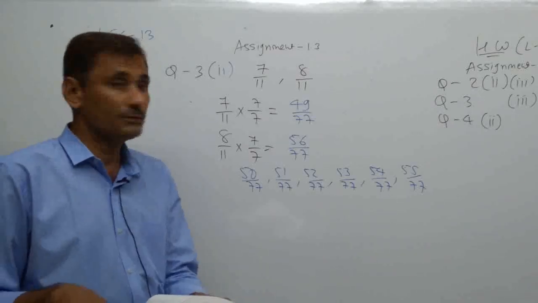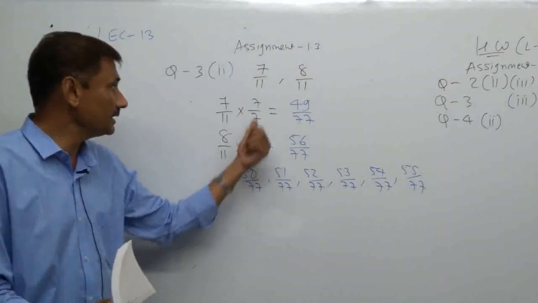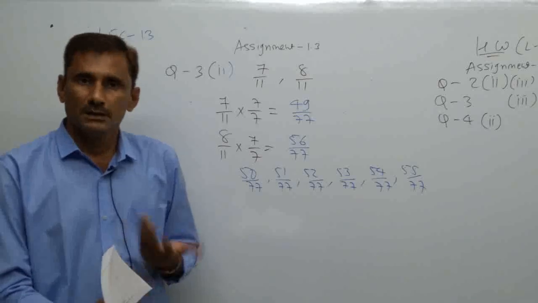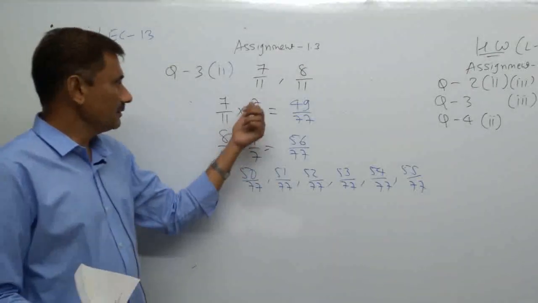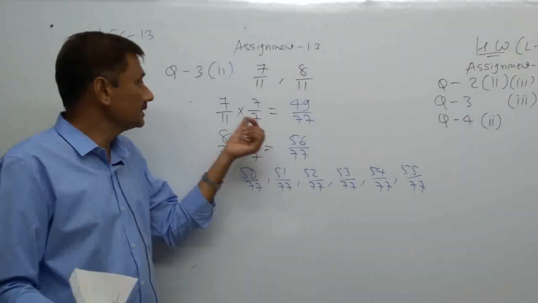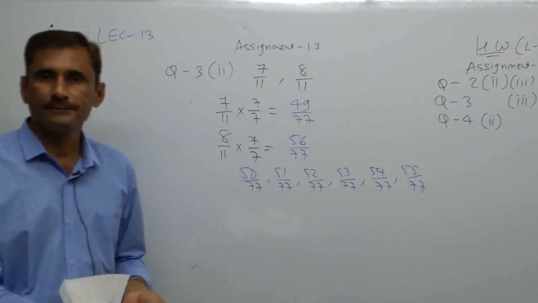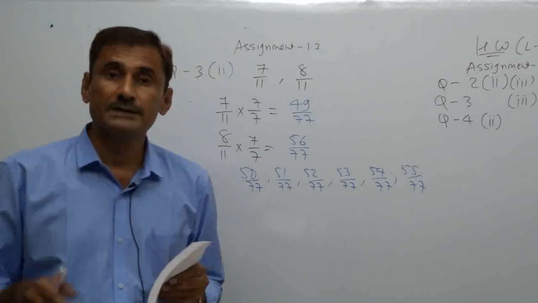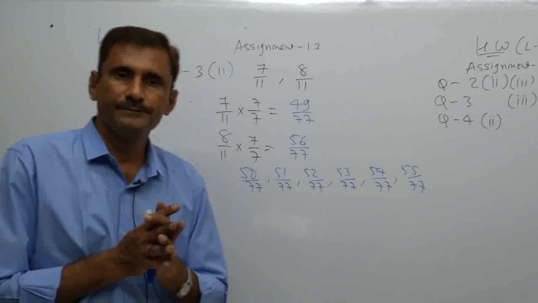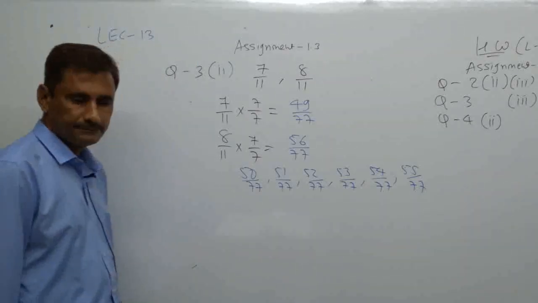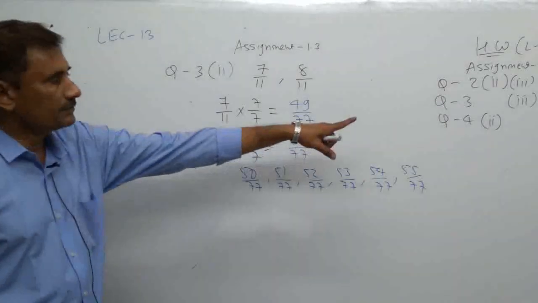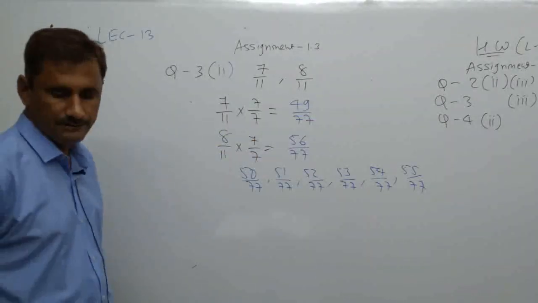I don't know, they multiplied directly by 10 here, so they got 110. Understood? So obviously you can multiply by 8, 9, 10, 11, 12, whatever it may be. They directly jumped to 10, and accordingly they have given the answer. So they are also right, we are also right. Only the third one from this question is in homework.